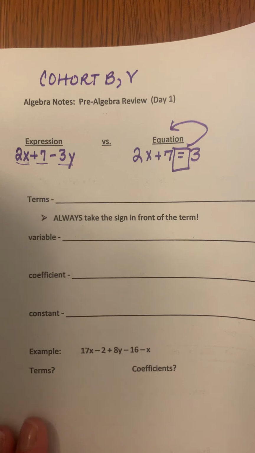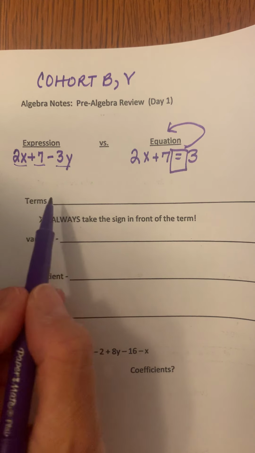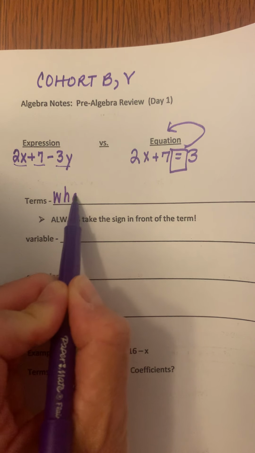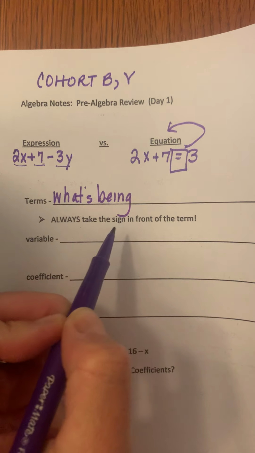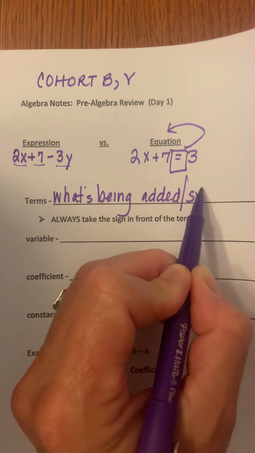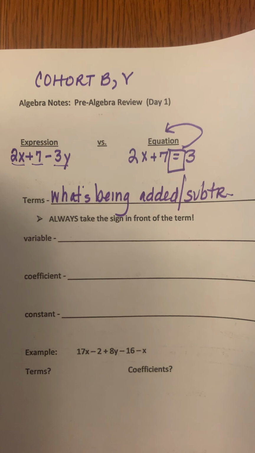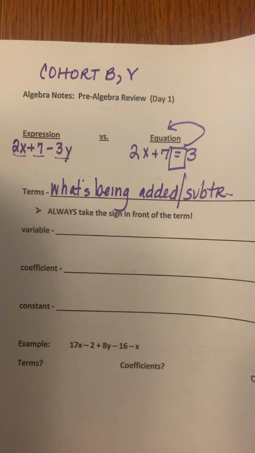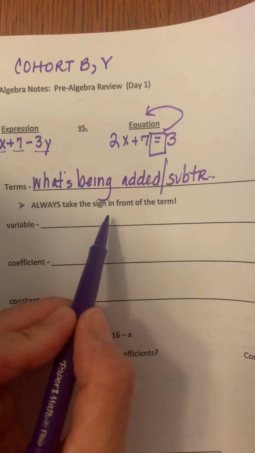So the definition for terms: terms are just what's being added or subtracted. I do abbreviate a lot just to get through it a little quicker. If you have any questions, just shoot me an email. The key with terms is you always take the sign in front.